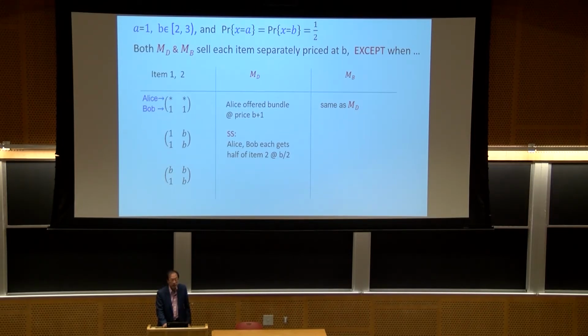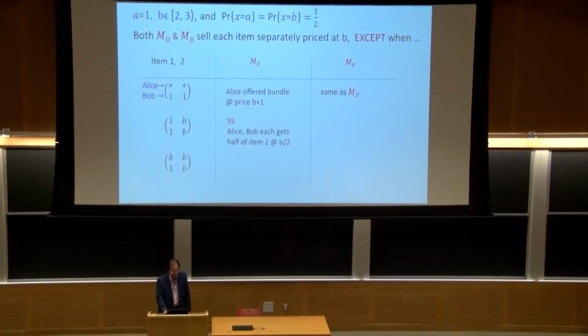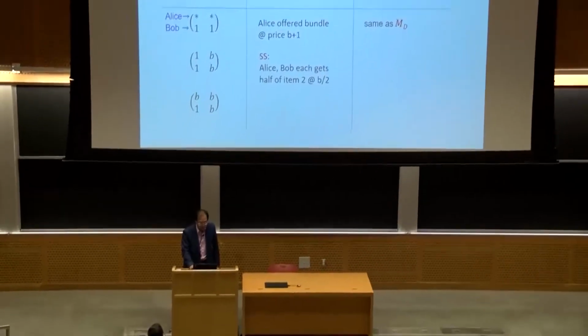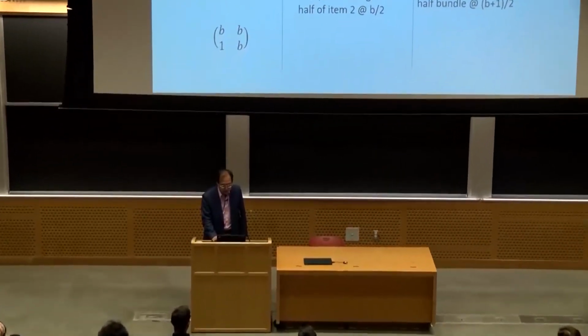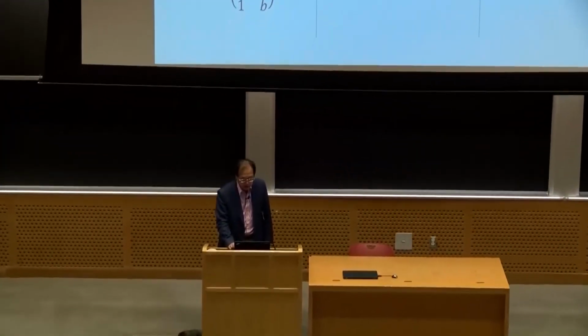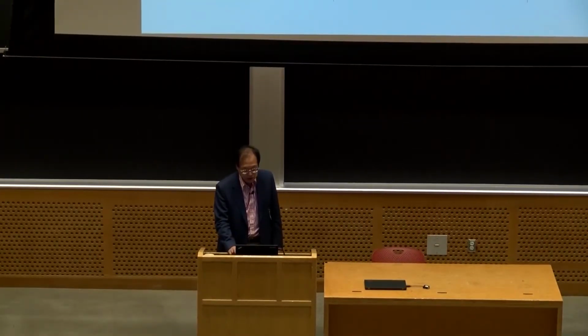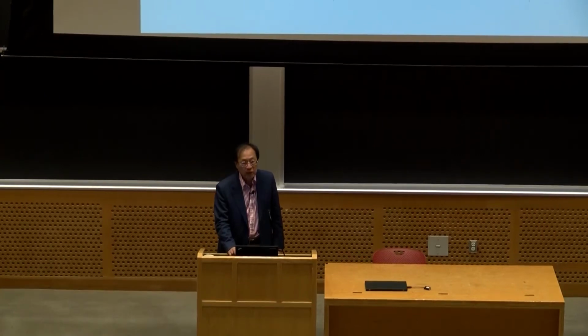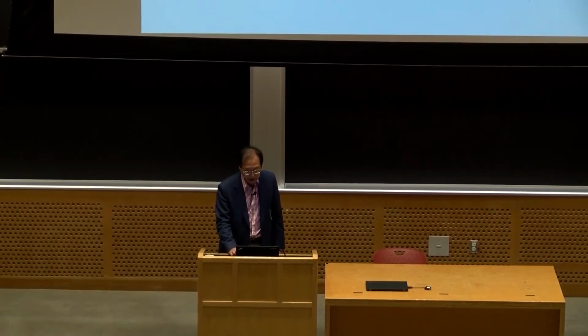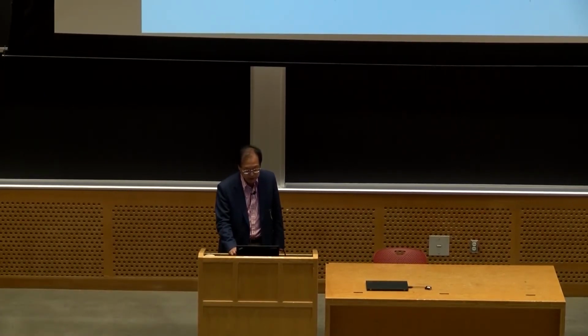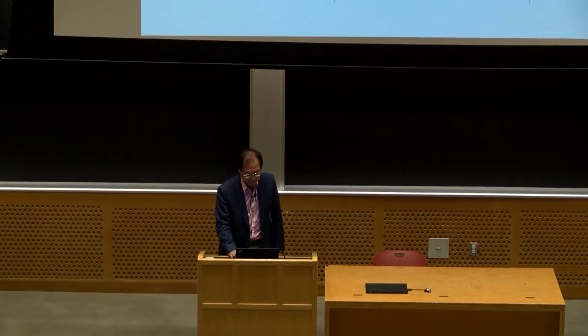So this is really just selling separately, priced at b. It doesn't do anything special. But for the Bayesian one, you do something more interesting, namely that you allow both buyers each to get half a bundle, at the price b plus 1 over 2.